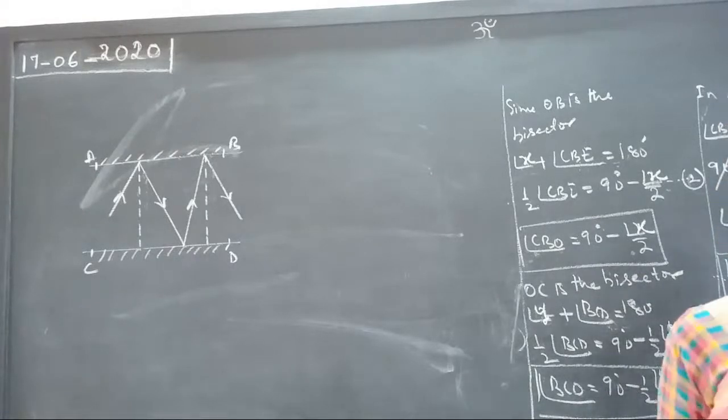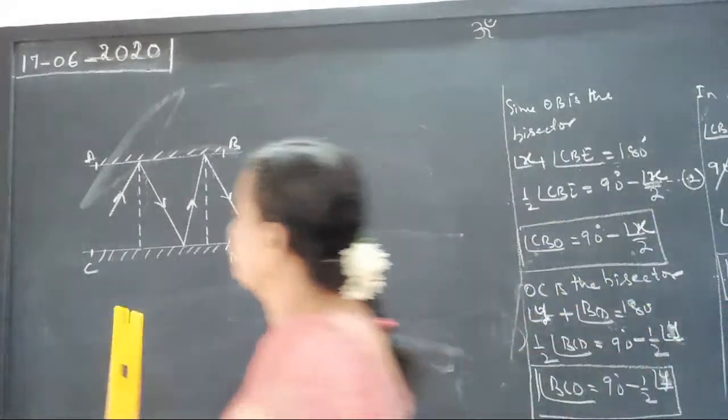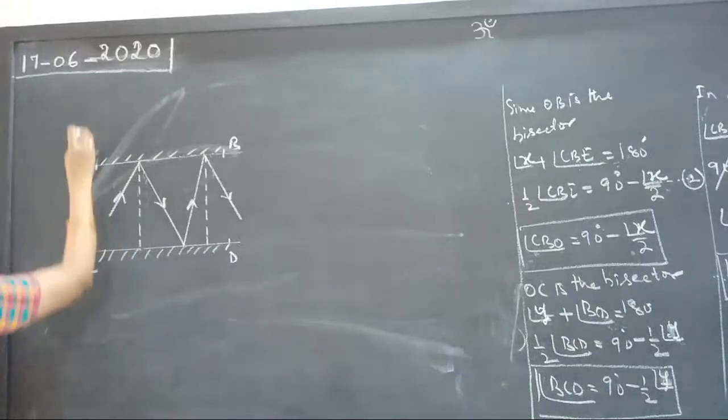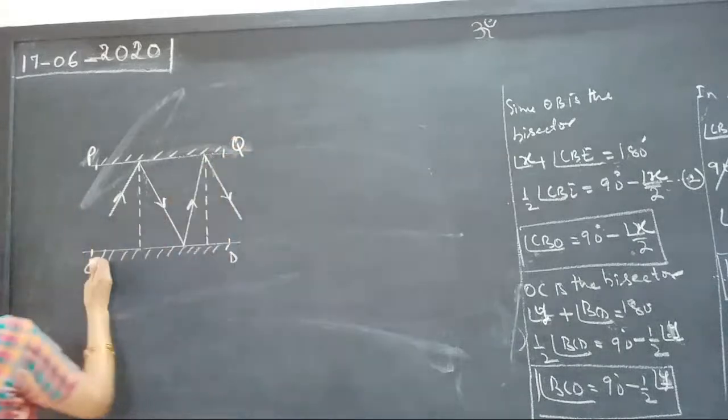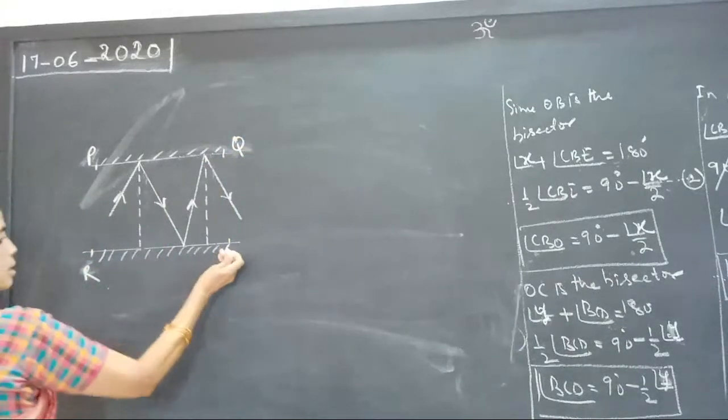Please take note of the figure. They have given the names as PQ and RS.